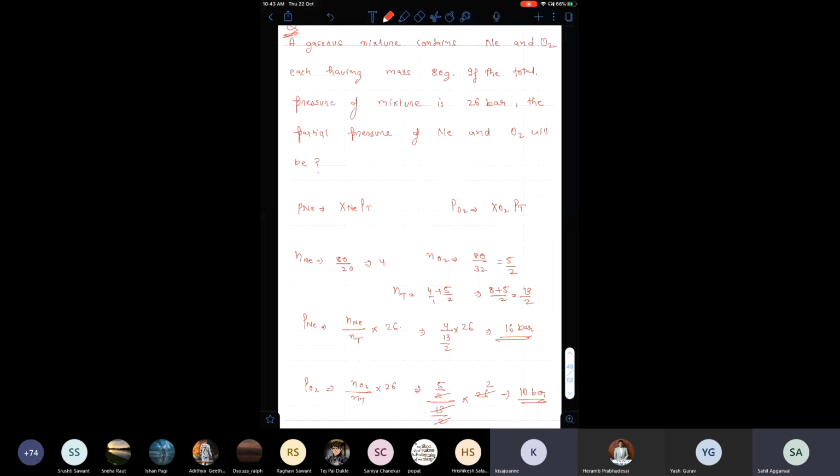So can you explain this again? See, it was a gaseous mixture containing neon and oxygen, each having mass 80 gram.